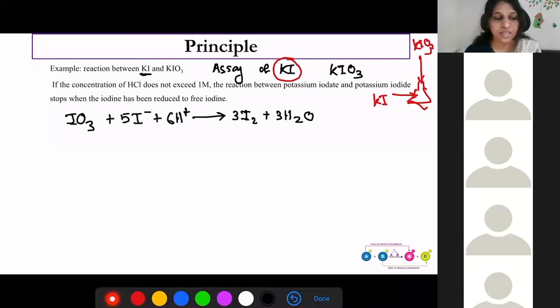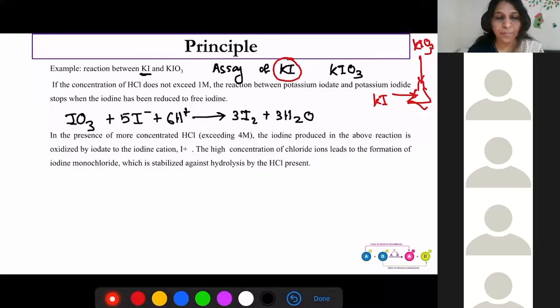And we are looking at where HCl is not added in a sufficient quantity, and if it is not added in a sufficient quantity, then the reaction will start with the formation of iodine, but it will halt here itself.